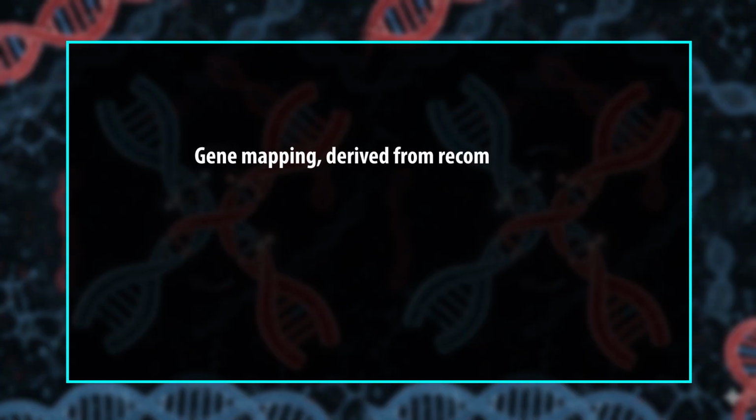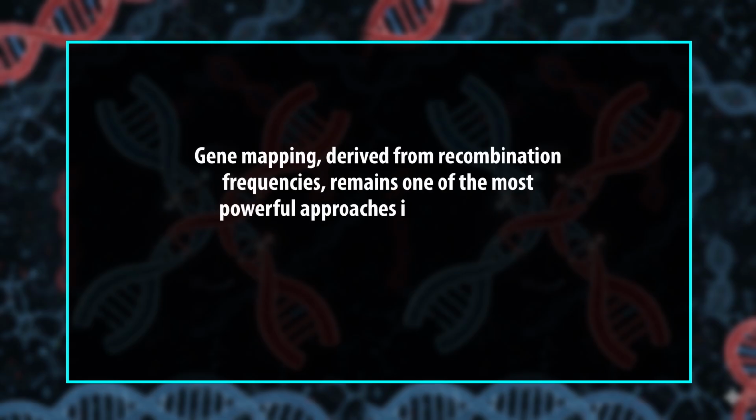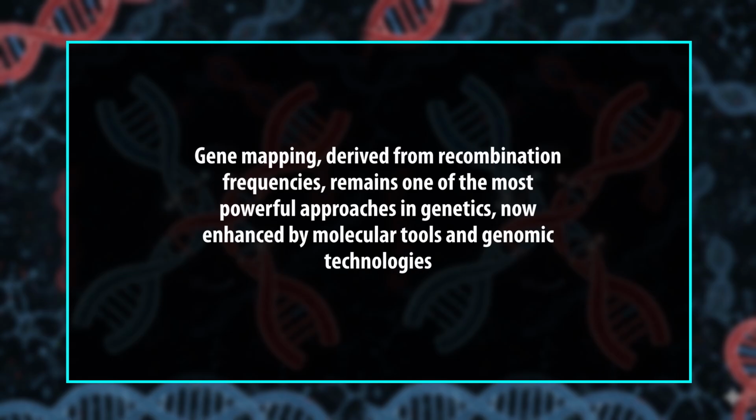Gene mapping derived from recombination frequencies remains one of the most powerful approaches in genetics, now enhanced by molecular tools and genomic technologies. By understanding these principles, undergraduate students gain insights into how classical cytogenetics, molecular biology, and modern genomics converge to explain heredity, variation, and the architecture of life.